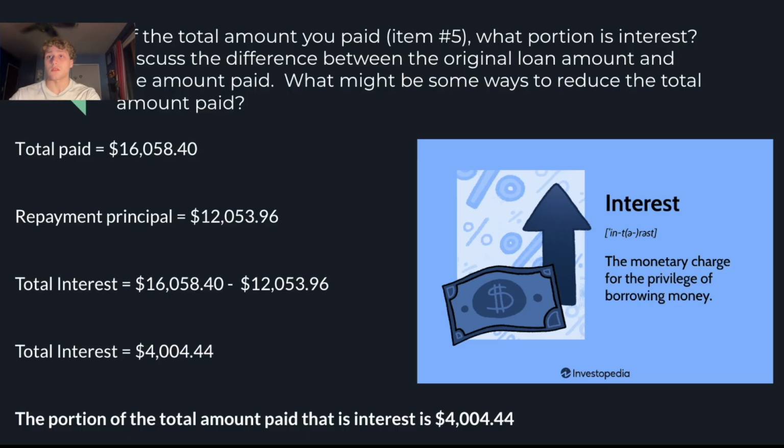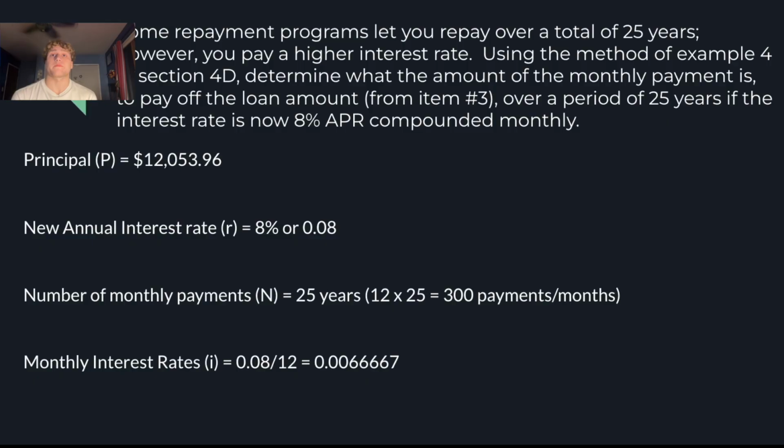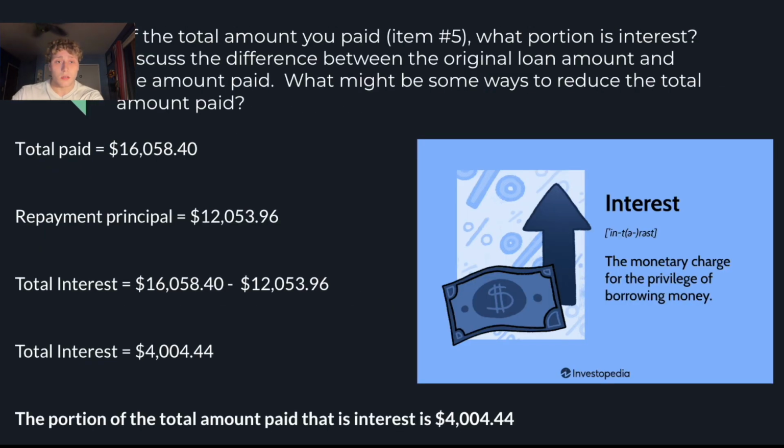Now, some ways to reduce the total amount paid. Ultimately, it's hard to change plans because you're already in it, but as you accumulate interest, that value is going to keep increasing. So if you can find a plan, if you're willing to pay more monthly, that is shorter in time, it will decrease the interest.